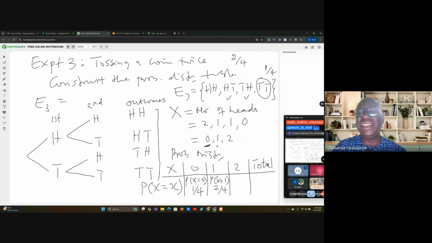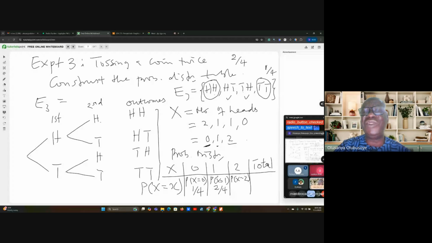And finally, I want the probability of x taking the value 2. That is, on the 2 occasions head appears. So that is only going to happen in this case.